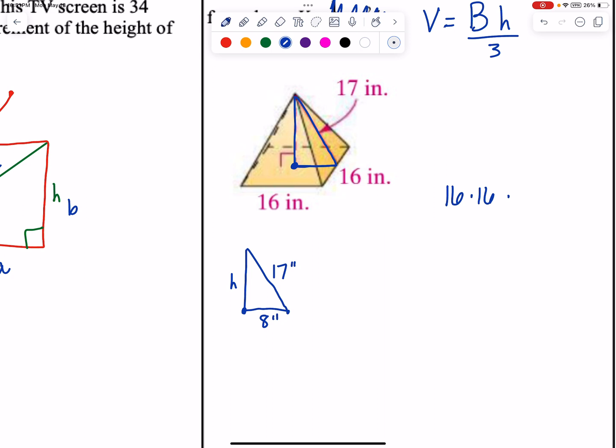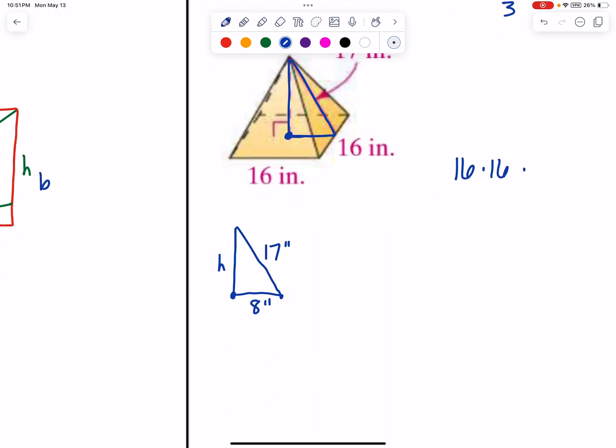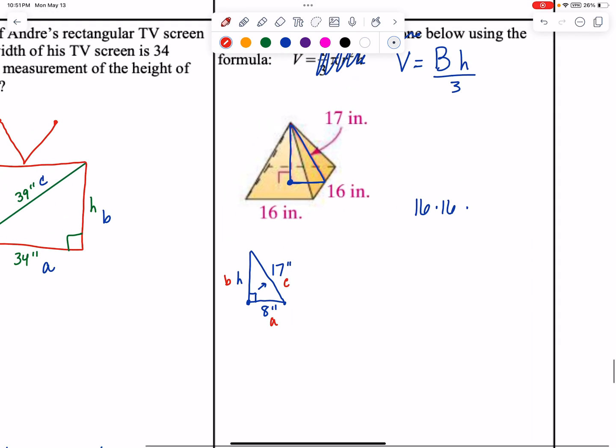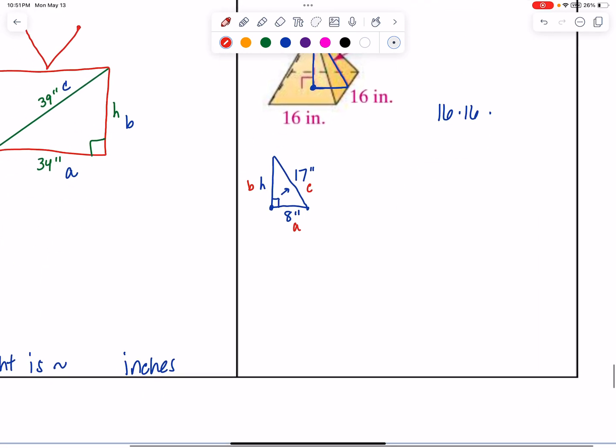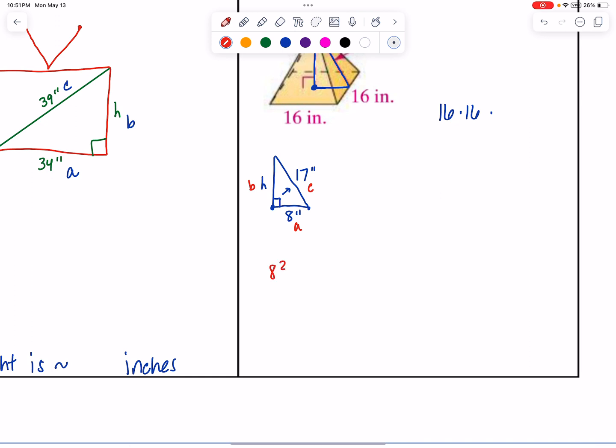Let's go ahead and look at what we know. Here's my right angle, right? So I know the hypotenuse, or in this case, C. So here's A, here's B, here's C. Let's go ahead and solve this out so we can figure out our height. So 8 squared plus B squared, or in this case, we could say H squared, equals C squared, which is 17.